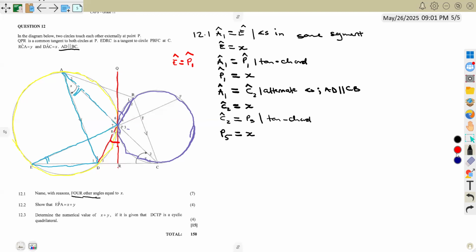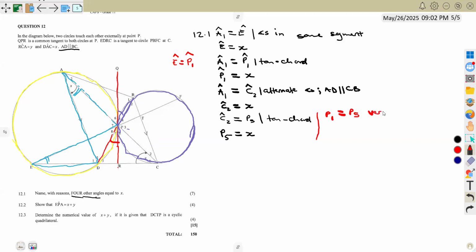But take note on this angle. If you check this line DPB, it's a straight line, and this line is also a straight line. So it was possible that one would just say P1 is equal to P5, since these are straight lines intersecting at P. What's the reason for that?